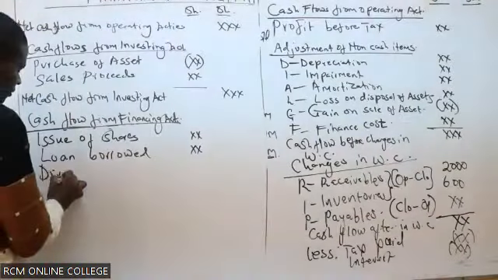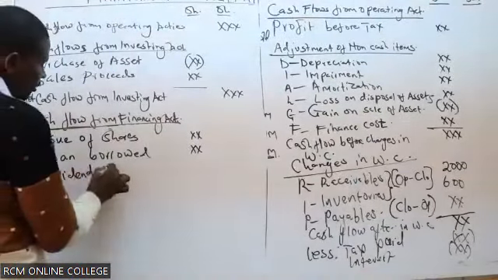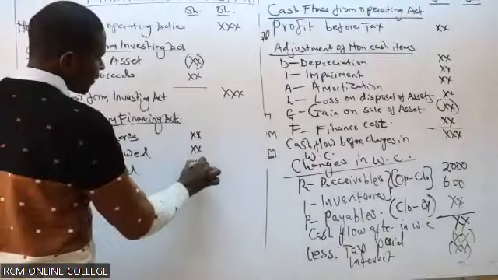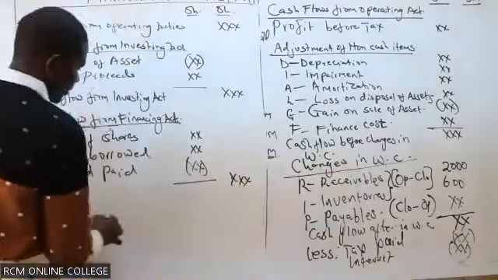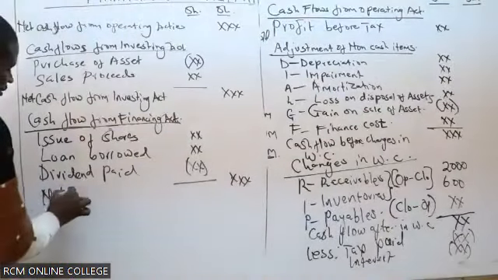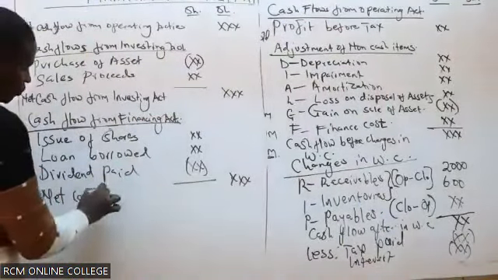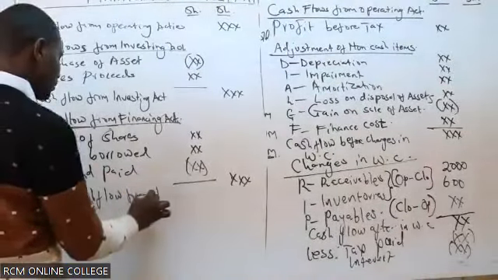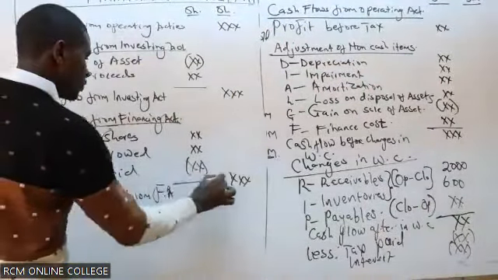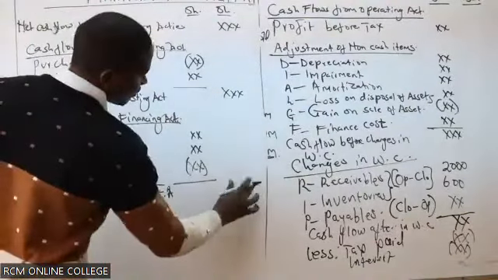Dividend paid. When we pay, what does our cash do? It reduces, and then we can get our net cash flow from financing activities.